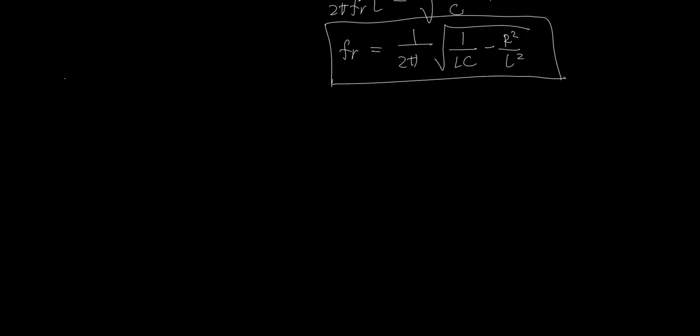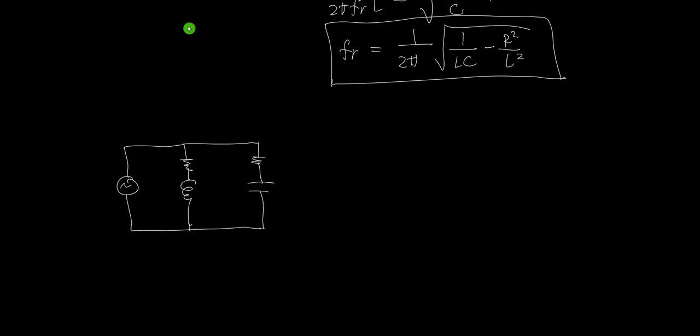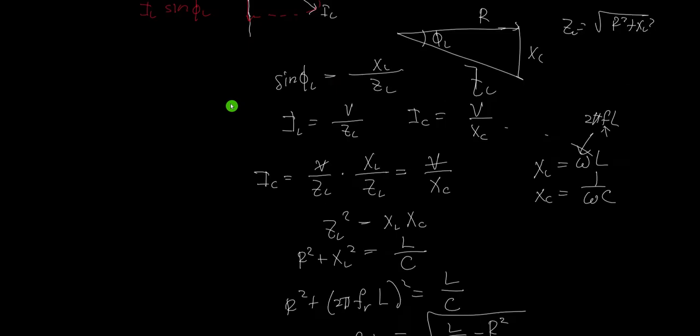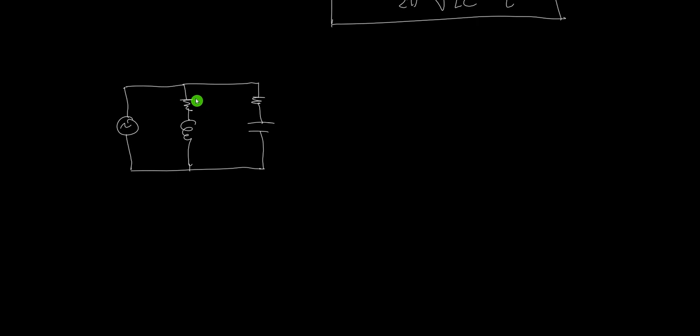So with a non-ideal inductor and a non-ideal capacitor in parallel, we can derive again our resonant frequency, the same method as we did in the first one. So let's call this one R1 and this one R2, and we have L and C. Then we have voltage V and current I.